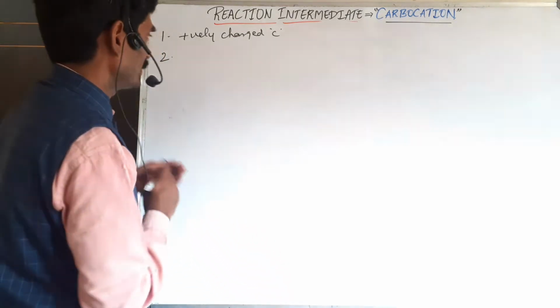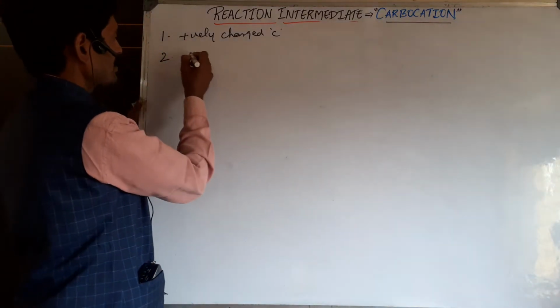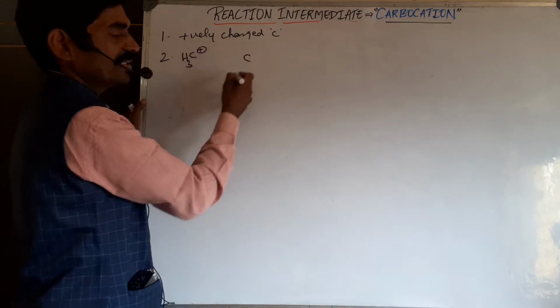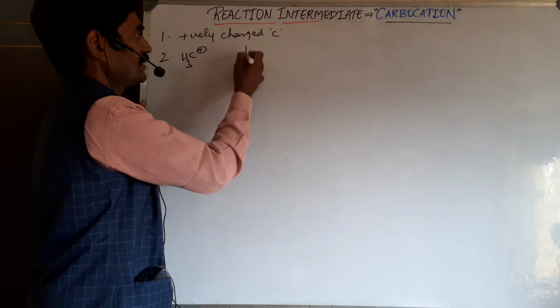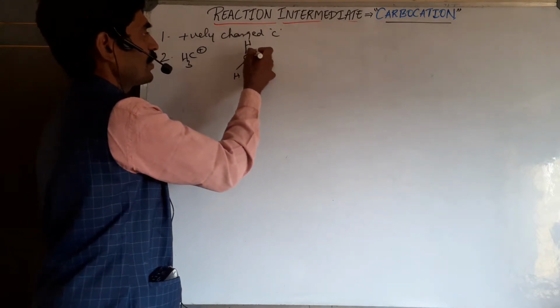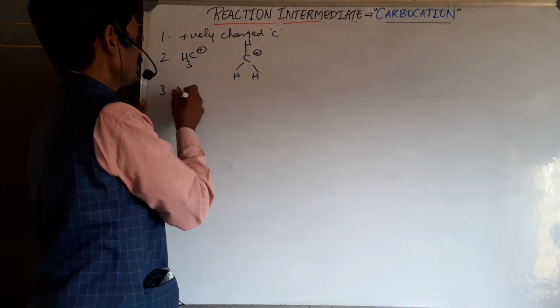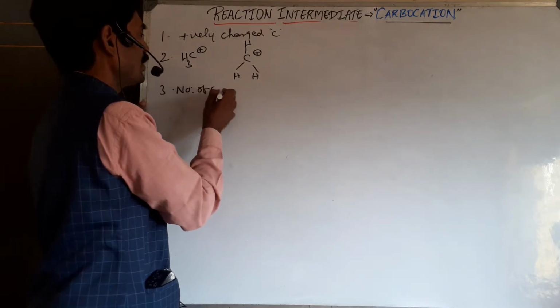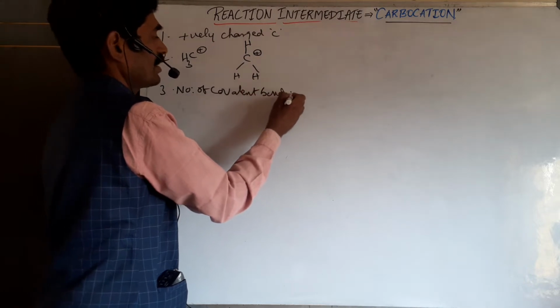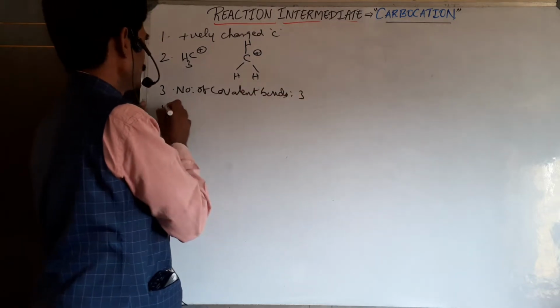Take the simplest carbocation, that is the methyl carbocation. Here, the carbon is bonded with three hydrogen atoms, and it has one positive charge. So the total number of covalent bonds on the carbon atom is 3.